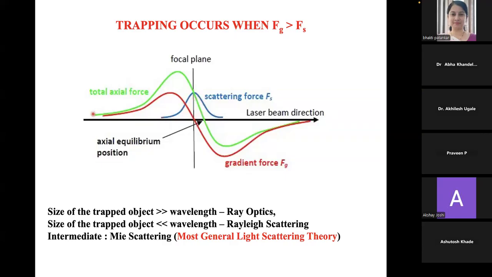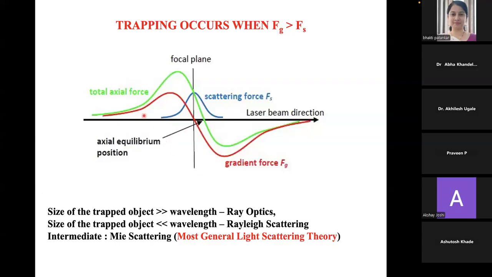You must also note that the gradient force goes towards the negative direction. That means the gradient force is directed towards the focal spot always. Whereas the scattering force is always positive, which means it tries to push the bead away from the focus, whereas gradient force for positive Z is negative and it will try to bring the bead back to the focus.